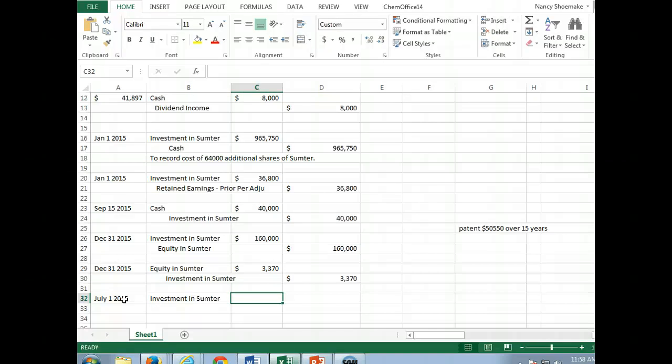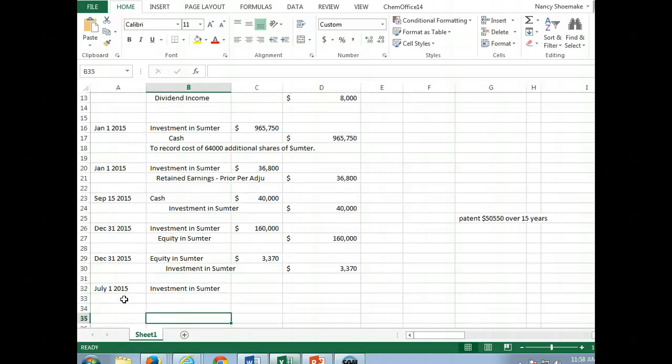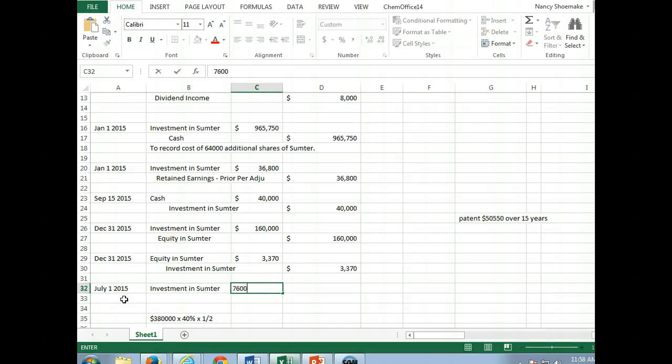So $380,000 of income times 40% times only half the year is $76,000, and we credit our equity in Sumter also of $76,000.